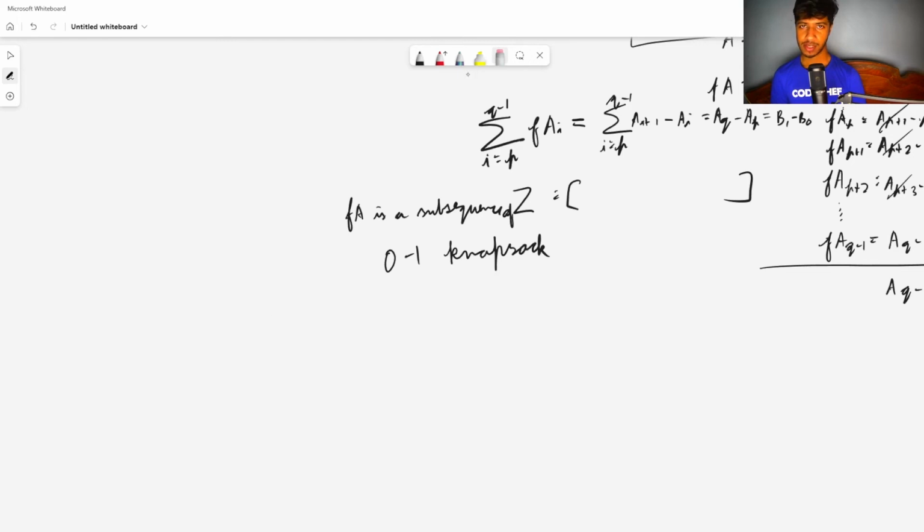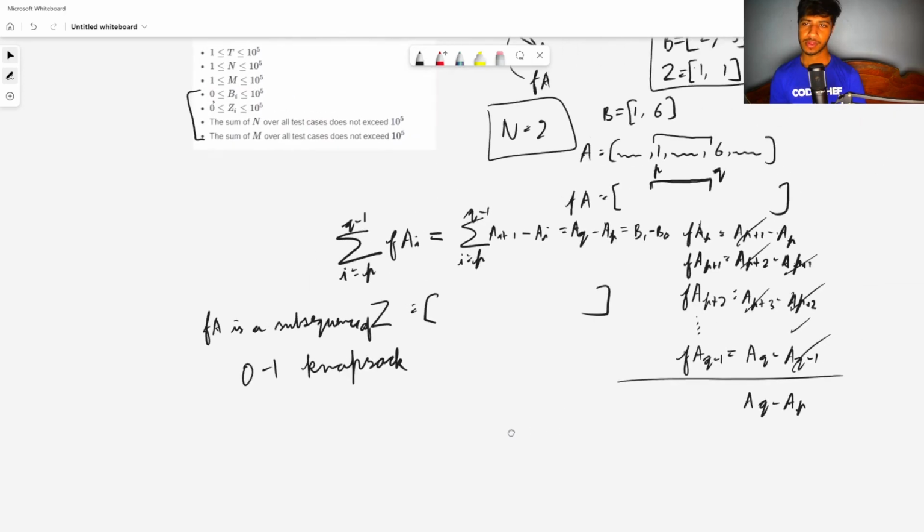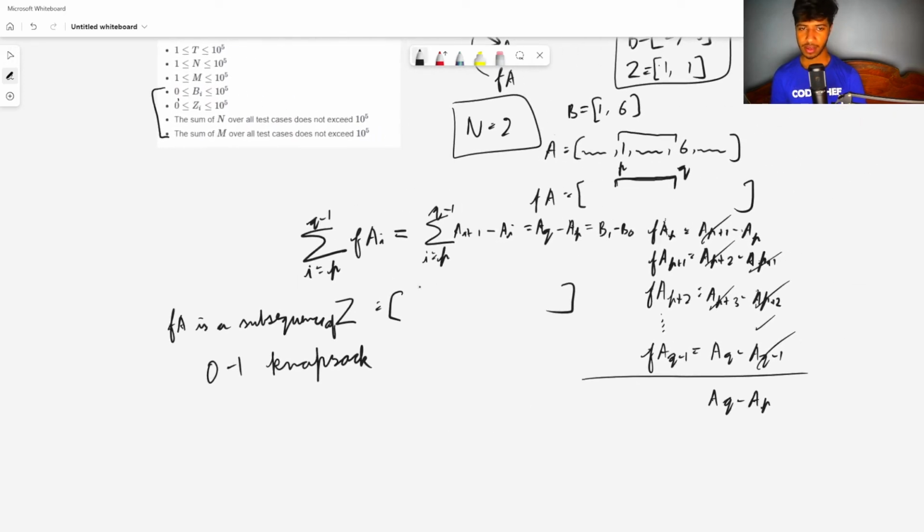By solving 0 1 knapsack, we can very easily check if there is a subsequence of Z that sums up to a specific sum, which is B1 minus B0. Their complexity will be O of max multiplied by M. Max is the maximum difference of two elements in B, which is up to 10 power 5.